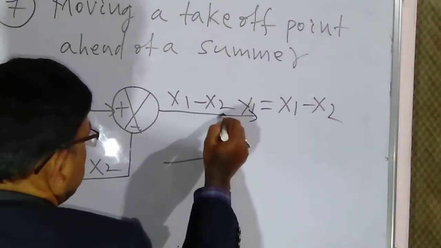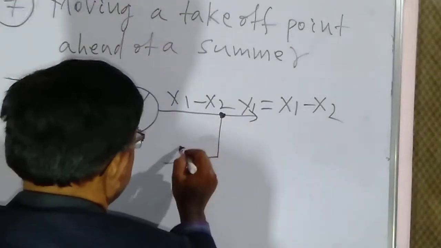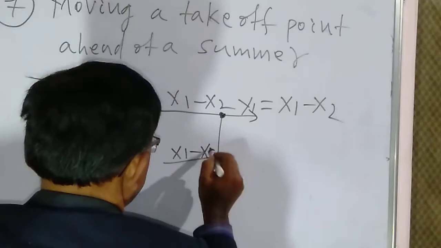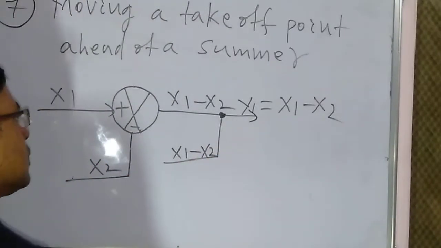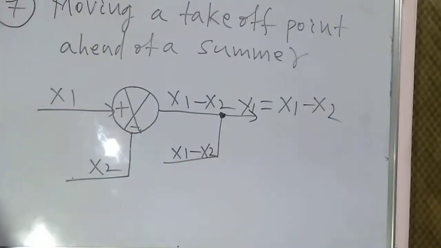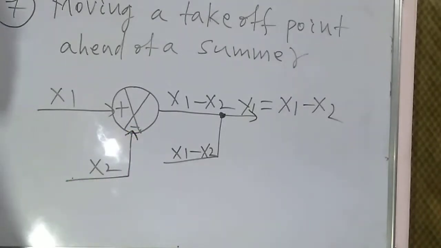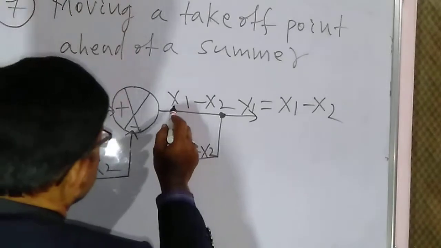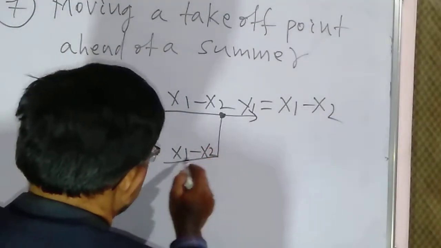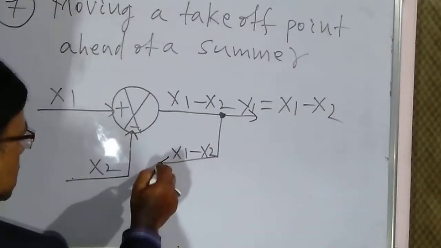This is also a takeoff point. Here the x1 minus x2 signal will also flow. I have already explained about the takeoff point, that the signal can flow in various directions, so this signal can also flow to this takeoff point.